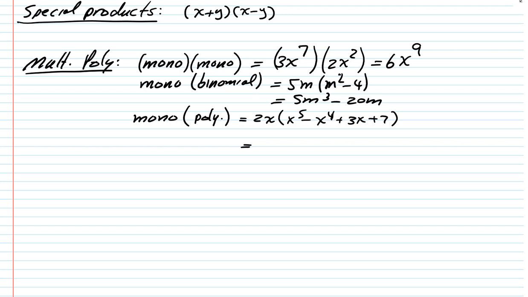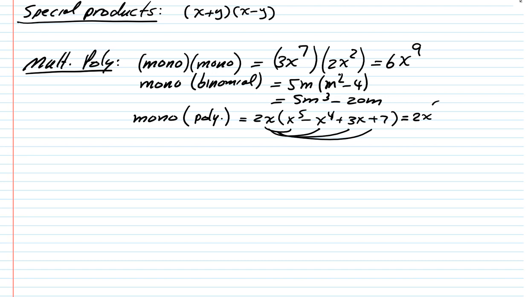Now, to multiply a monomial by a polynomial, we do an extended distributive property of the monomial by each and every one of the terms in the polynomial. So for this one, it's going to be 2x times x^5. That's 2x^6.